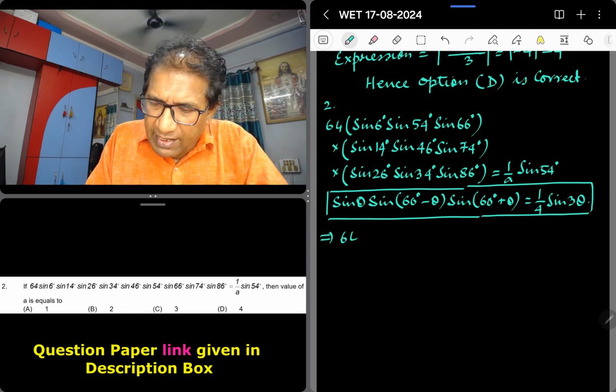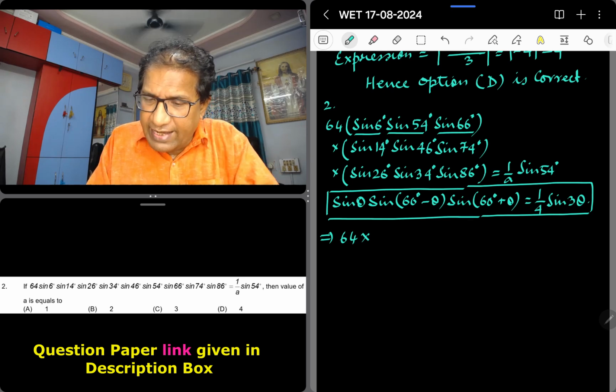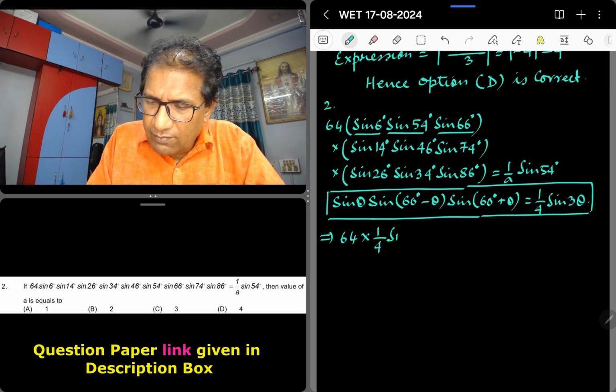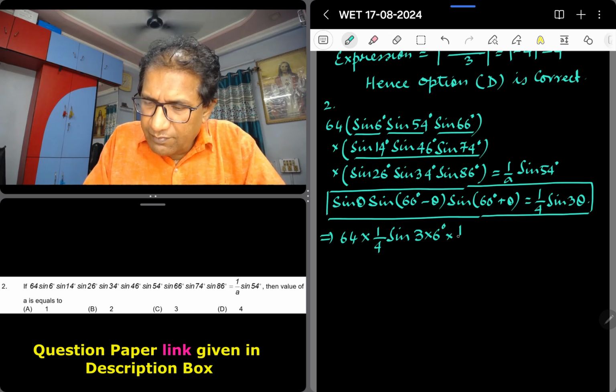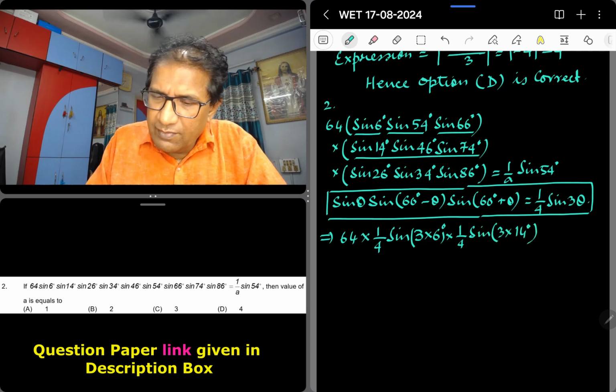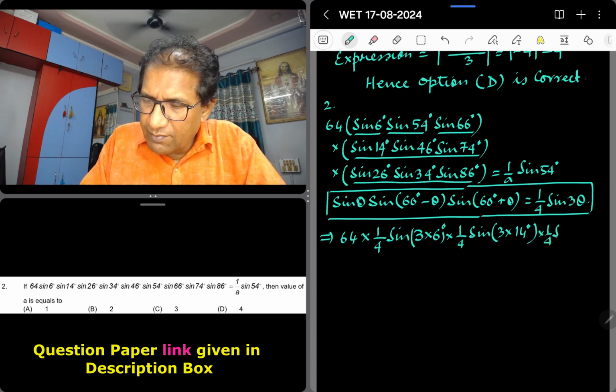So the left hand side will become sine 6 sine 54 sine 66 degree can be written as 1 over 4 sine 3 theta. Similarly for the second one, 1 by 4 sine 3 theta. Similarly for the third one, 3 into 26 degree.